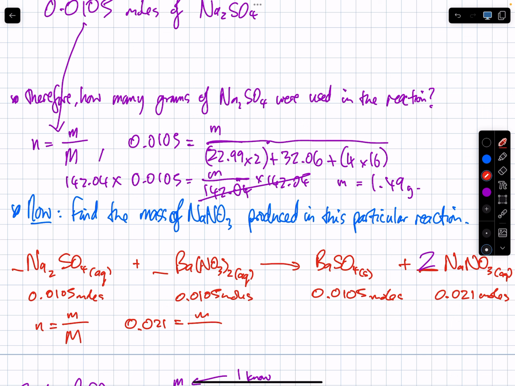So sodium was 22.99 plus N 14.01 plus 3 lots of 16. I get 85.